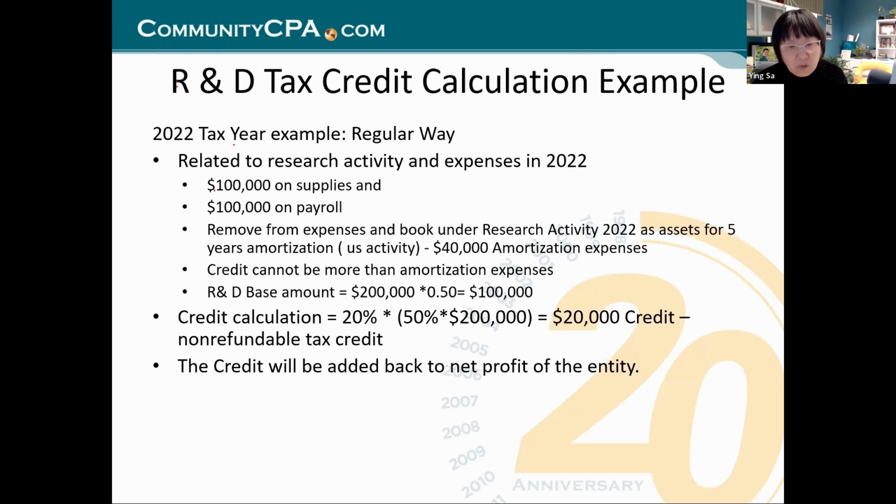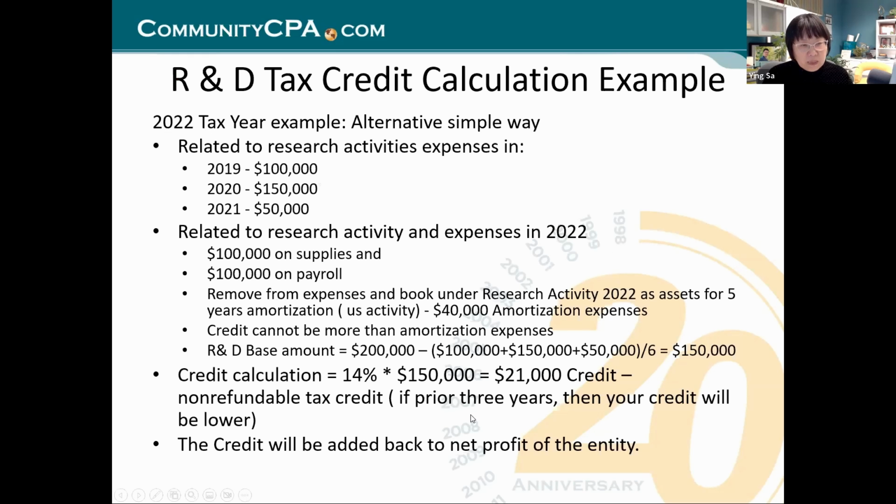You're not going to be thrown in the dark, not knowing how things were calculated. But knowing how to calculate it yourself this way is a good verification when you just use the computer to fill in numbers and you don't even know where that number comes from. And I want to show you the other alternative way. That is also a way you can calculate the 2022 R&D tax credit. All right, so let's see.